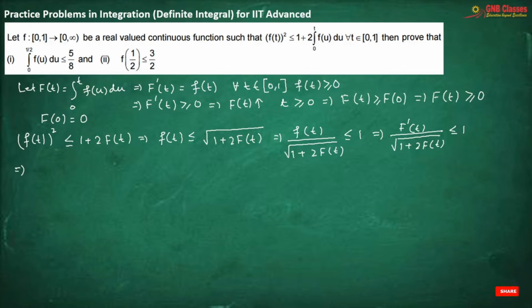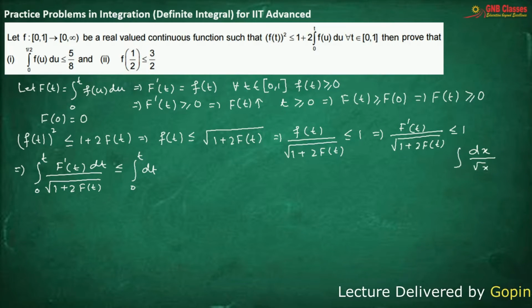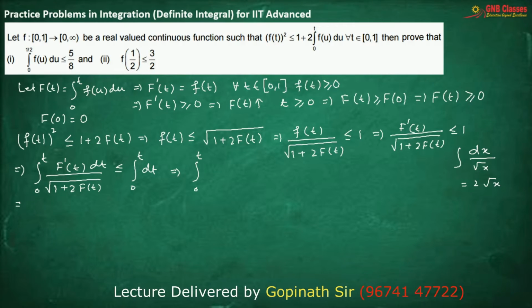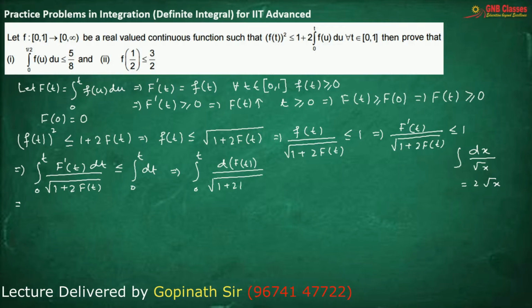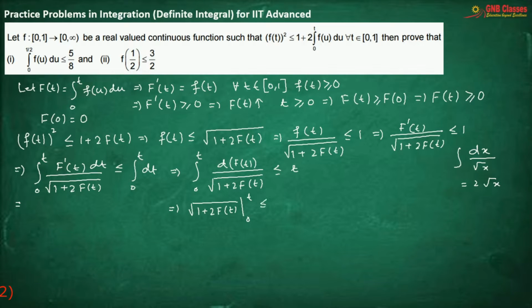Now integrating both sides with respect to t, from 0 to t, we get, from the basic integration formula, we know that the integral of dx by root x is nothing but 2 times root x, right? That implies, is it clear?